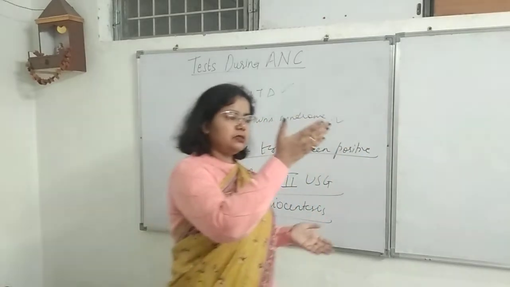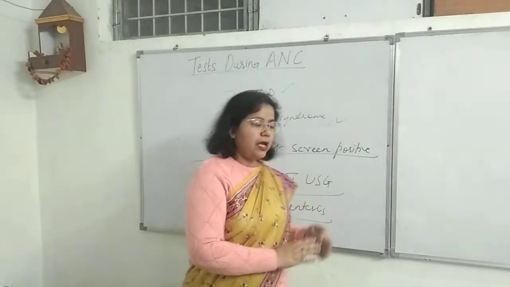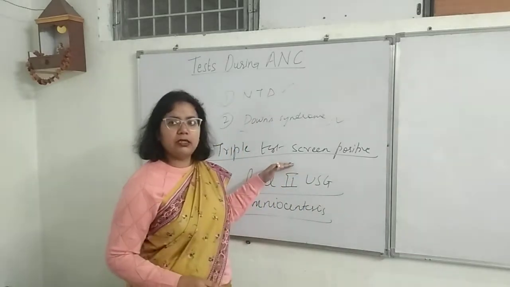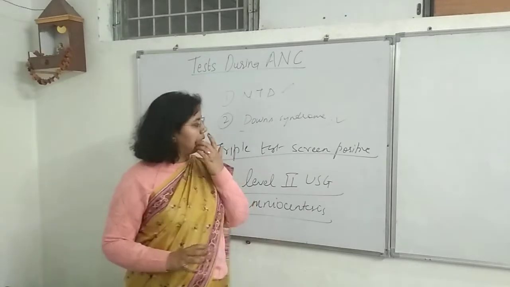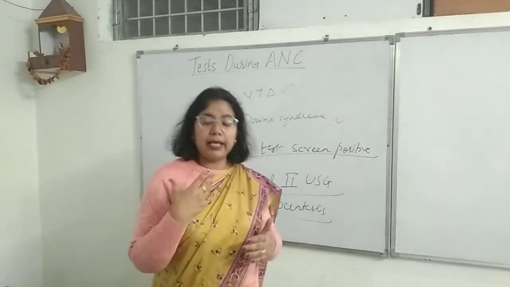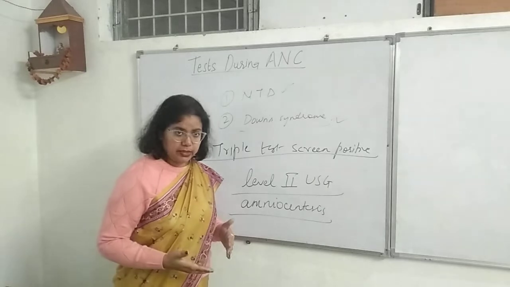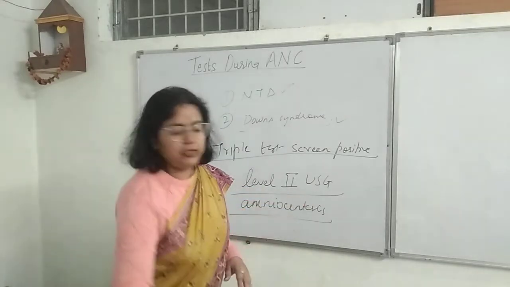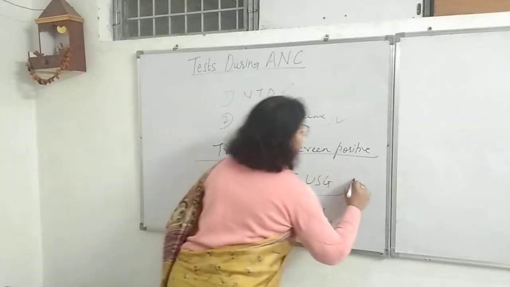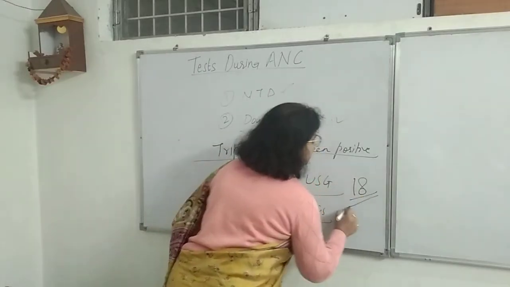Out of, suppose, 100 women having this screen positive test, only one will be having an abnormal baby. So reassure her, tell her the next step that we will be taking. We will be undergoing level 2 ultrasound, preferably around 18 weeks gestation.